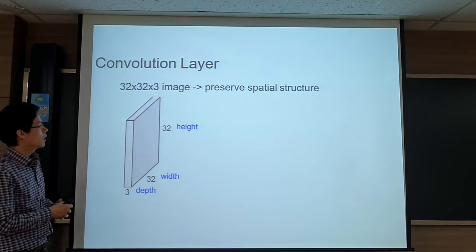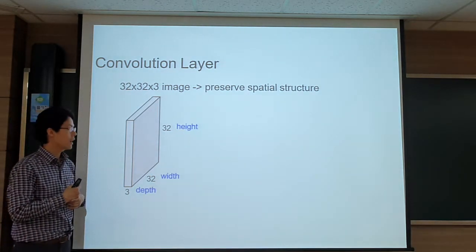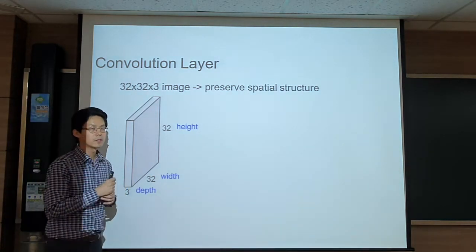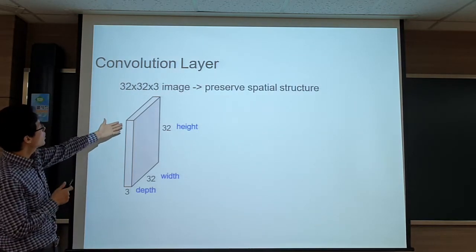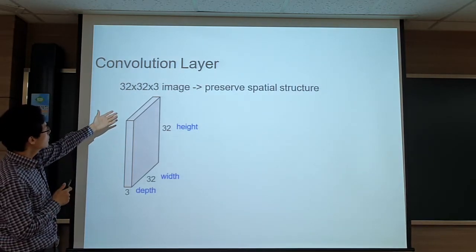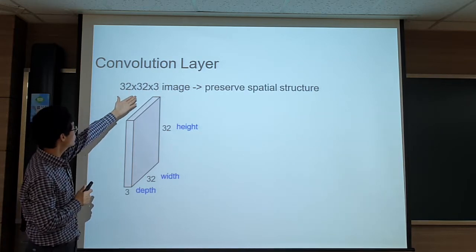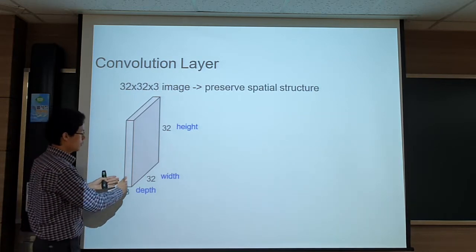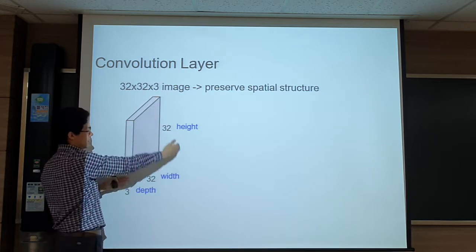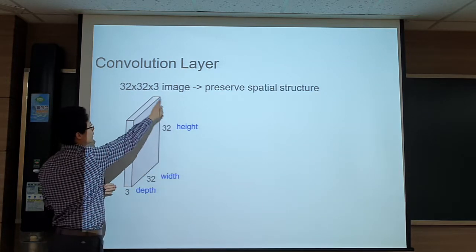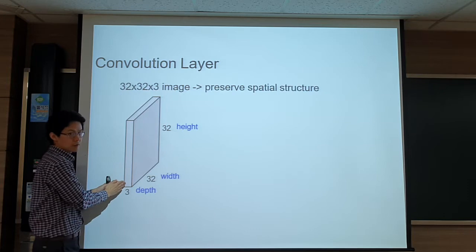So far I have just given the high-level idea, but I'd like to give a little more low-level detail. For each convolutional layer, we sometimes use the example 32 by 32 by 3. It means the width and height are 32 by 32, and 3 is the number of channels, which you can see is RGB.